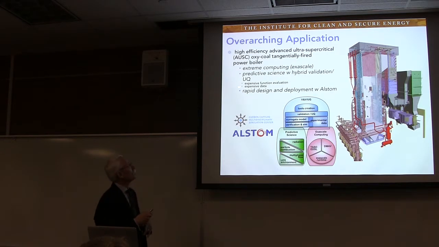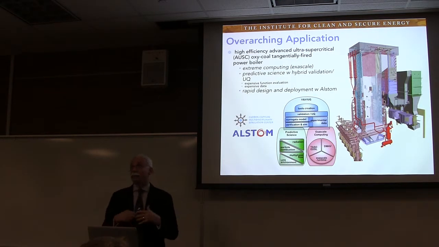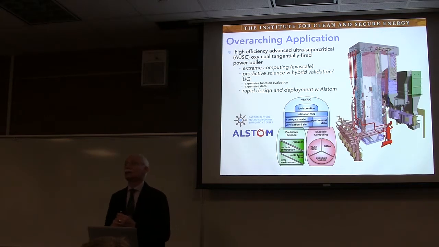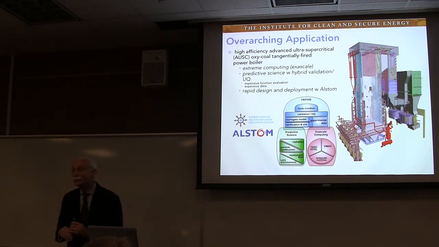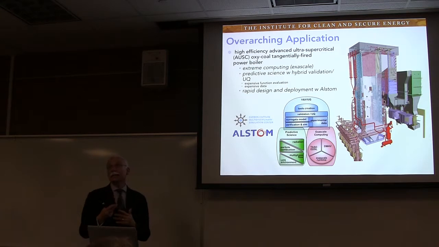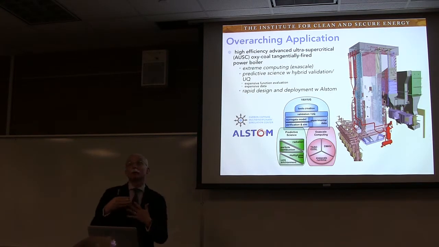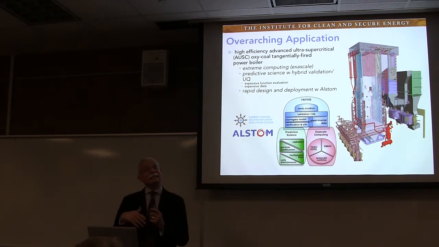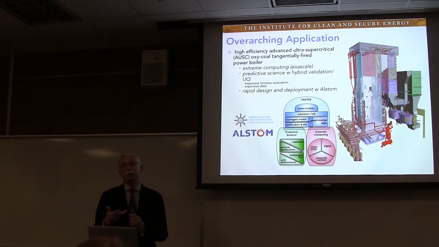The goal is to do extreme computing, particularly computing at the exascale. Exa meaning what? 10 to the 18. Good answer. So if you're talking about floating point operations per second, flops, we're doing 10 to the 18 flops, and 10 to the 18 bytes of data being generated.